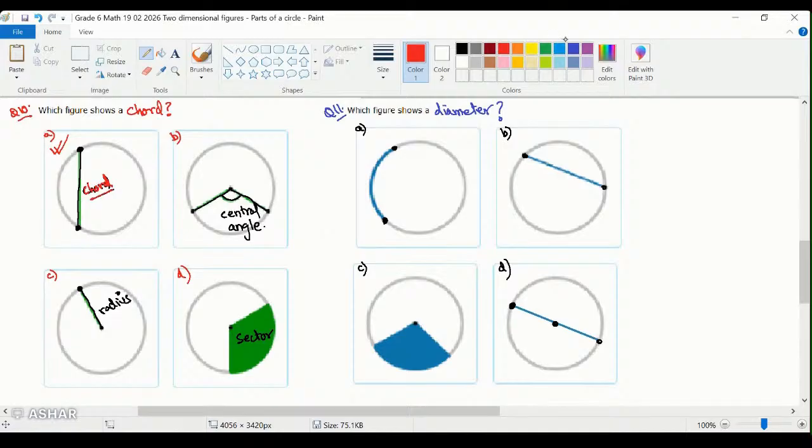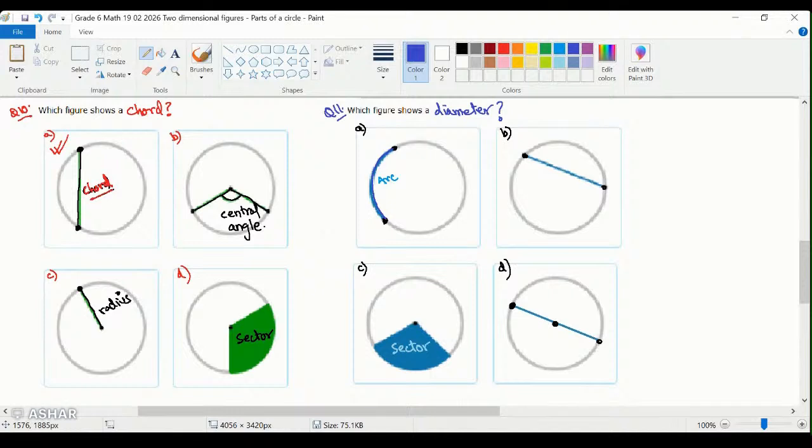See, we know for this option, this is already an arc. This was already a slice, that is a sector. Welcome Yusuf. Yusuf, we are looking at the question that says, which figure shows us a diameter, okay? We know that an arc is a part of the outer ring of a circle, okay?